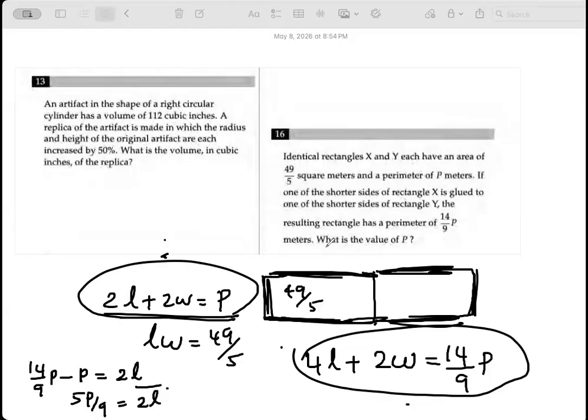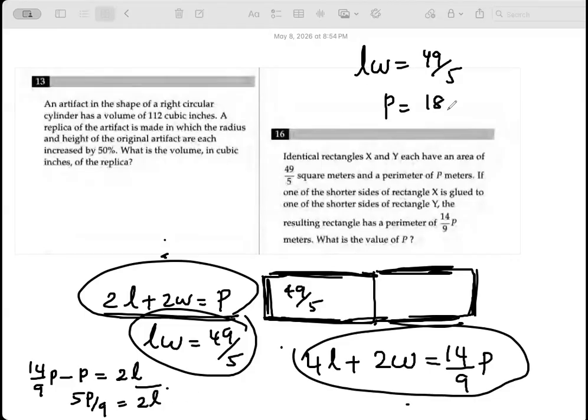That's good. But they've also given L times W equal to 49 by 5. What is the value of P they're asking? P will be equal to 9 twos are 18 by 5 L. So P will be equal to 18 by 5 L. So we need to find that.